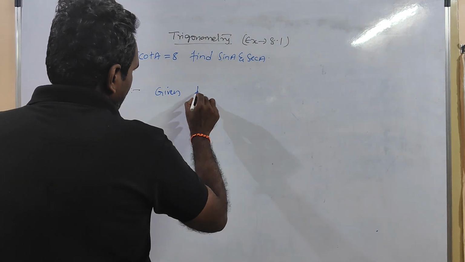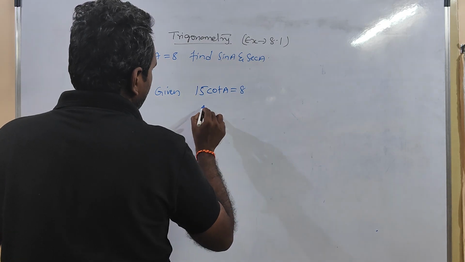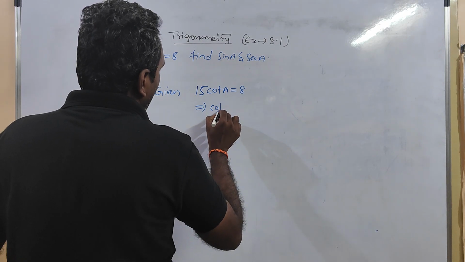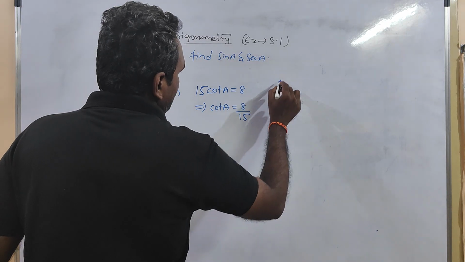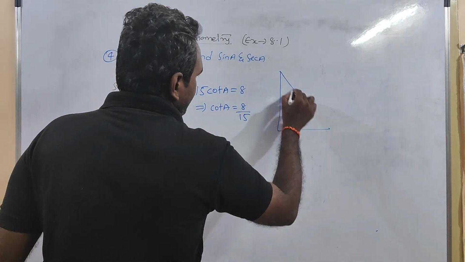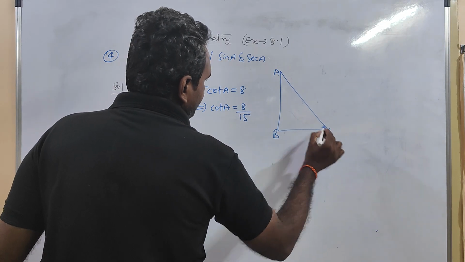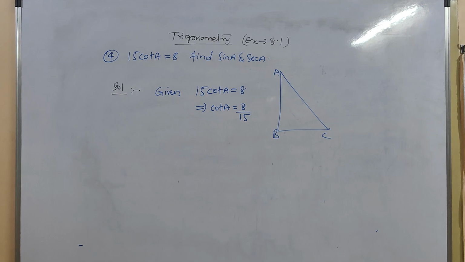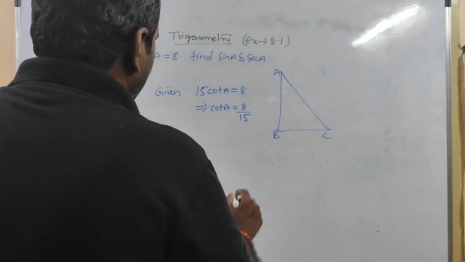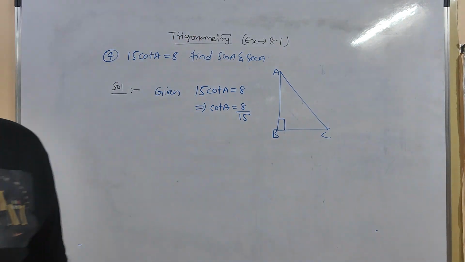Given 15 cot A is equal to 8. This implies cot A is equal to 8 by 15. Draw one triangle with A, B, C. Okay. What is the definition for cot? If the triangle is given and the right angle is at B, anywhere you can take, no problem regarding that.